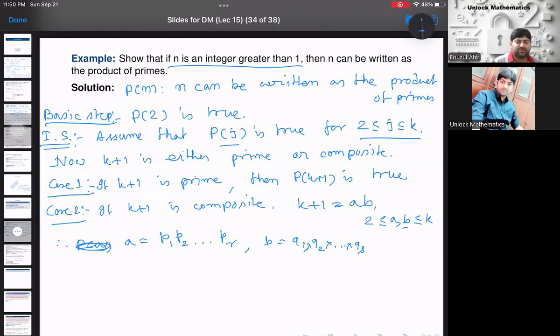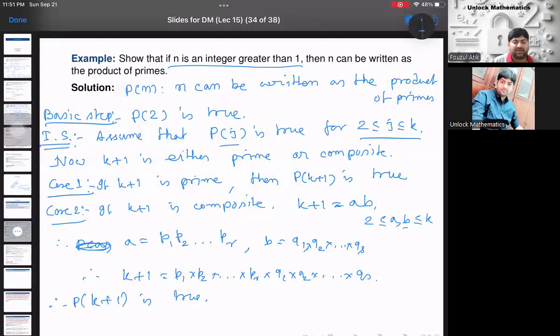Therefore, a can be written as a product of primes, b can be written as a product of primes. In the same way, k plus 1 can be written as a product of primes because this is the product of a and b: p1 times p2 dot dot dot pr times q1 times q2 dot dot dot qs. Right? And hence k plus 1 can be written as a product of primes, and therefore that means P(k+1) is true.